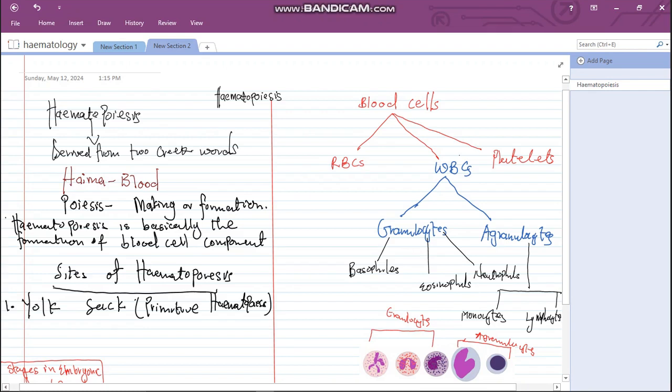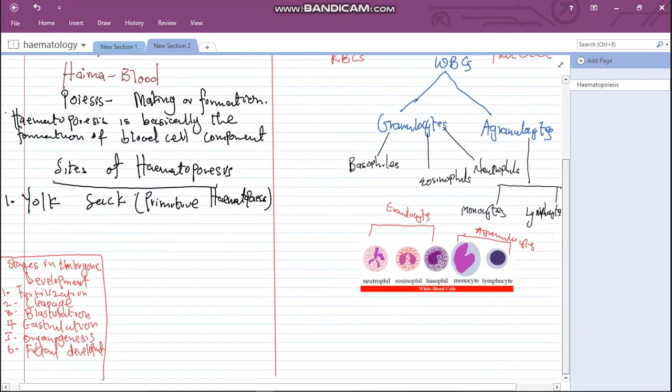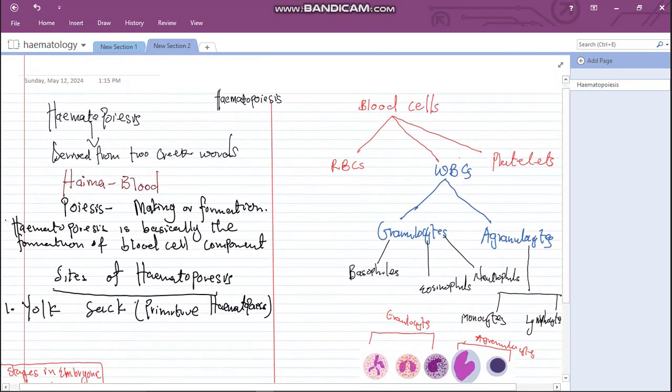Now, we have certain sites in the body where hematopoiesis occurs. During embryogenesis, or during the development of an embryo, the body will still need some of these blood components for the survival of the fetus.